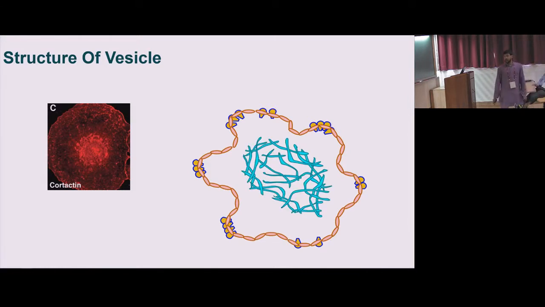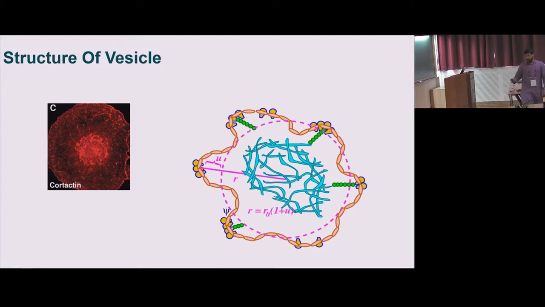Inside there is the actin cortex, and when the actin filaments start growing from this surface, or the active actin activators, and come to the actomyosin cortex, they give an inward pull.